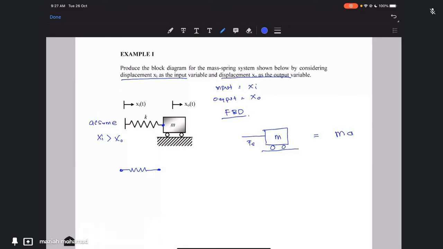If xi is bigger than x naught, is the spring in tension or in compression?